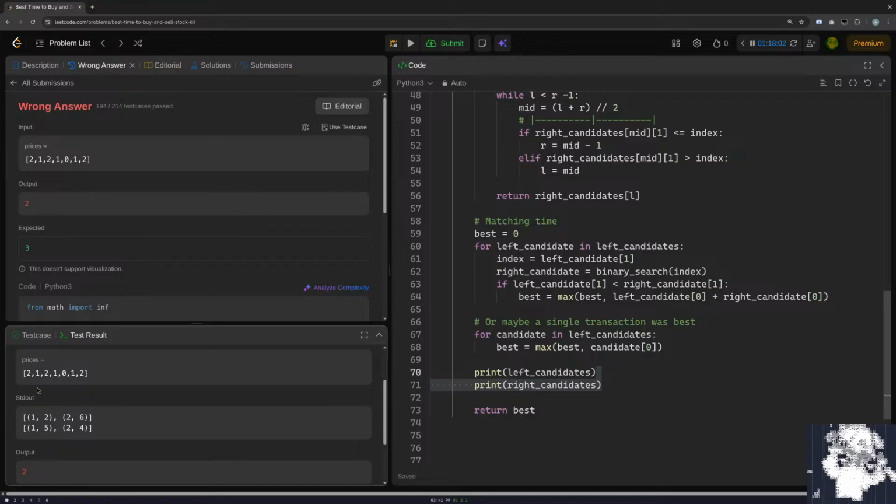Left candidates are 0, 1, 2. So you get 1 profit from here, and then 2 to 6. That means you end here and you have a profit of 2, which would mean you bought here. So yeah, these are the left candidates.